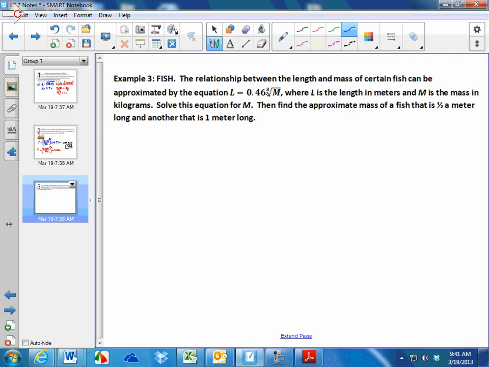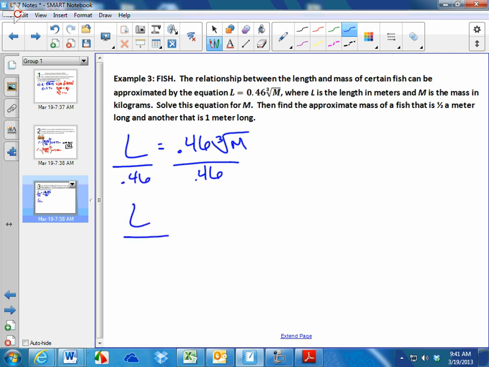How would you solve for m? You need to get it out from underneath the cube root, but you also need to get rid of the 0.46. Exactly. Divide by 0.46 to both sides. So you get a fraction, L over 0.46 equals the cube root of m.